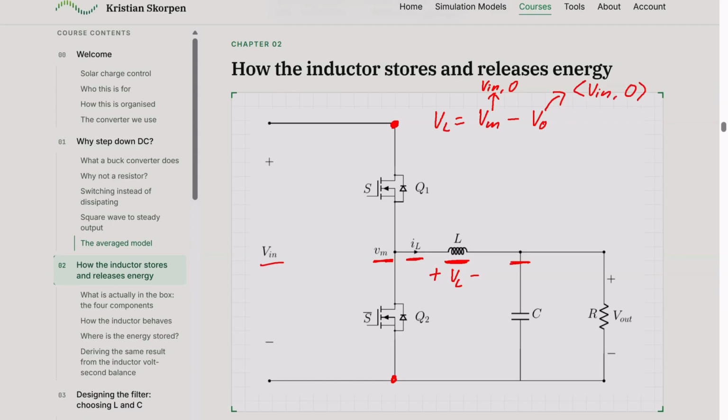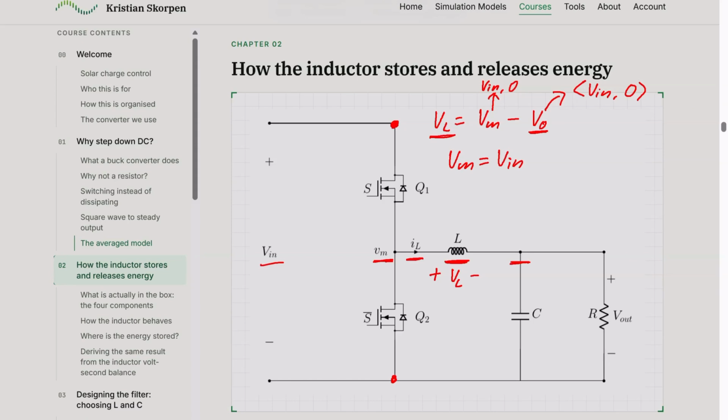So knowing all of this, we would know that VL could either be negative or positive. For example, it must be positive when Vm is equal to the input voltage, because in that case, Vm would always be larger than the output voltage. We can see that the output voltage is between Vin and zero.